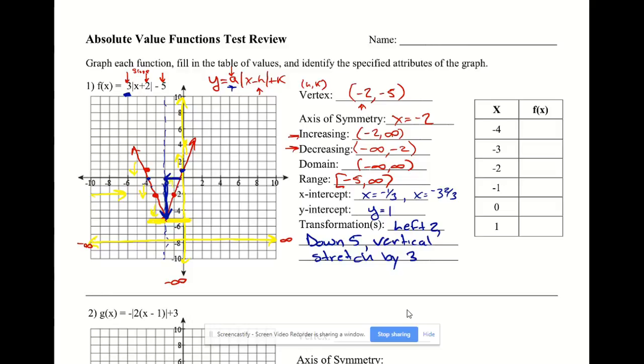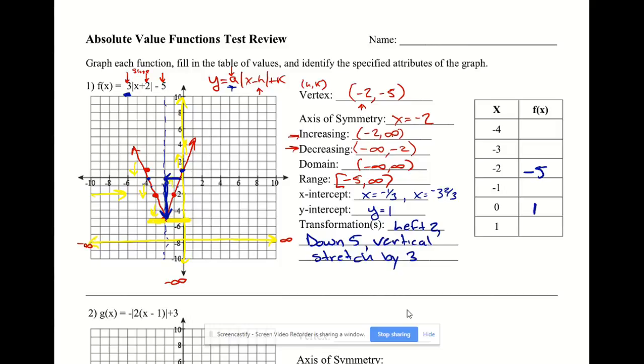Now, for our table of values, if we graph it on the calculator, we can go to the table of values on the calculator and get them that way. We can solve for each one of these if you want to be brutal to yourself. Or again, we can leverage our slope. We already know that at x equals negative 2, y equals negative 5. And we also know that at 0, y is 1.